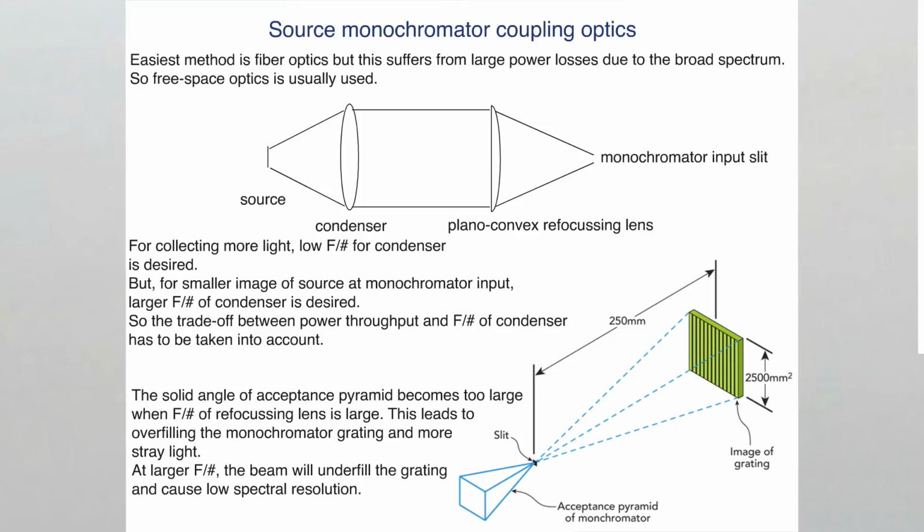The coupling optics is useful because it is related to the geometrical optics that we studied. So think about the problem that we are trying to solve when you're building a monochromator. You're taking an extended source like a lamp and trying to couple it into a very narrow slit. The question is, how do you do this very efficiently?